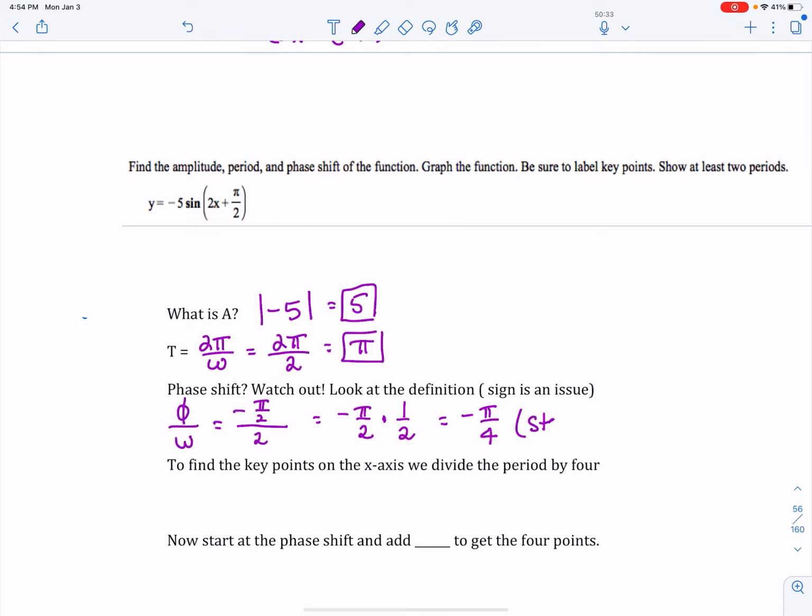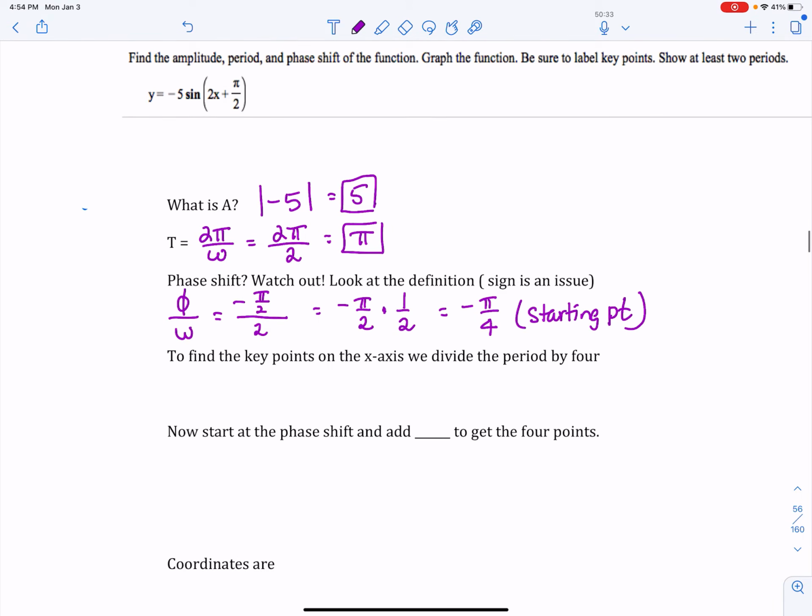By the way, this is my starting point. This is where one period of sine, in this case, starts. And I have to find my 4 key points on the x-axis. You have a couple of choices. You can ignore the phase shift and then just shift everything over pi over 4 units.